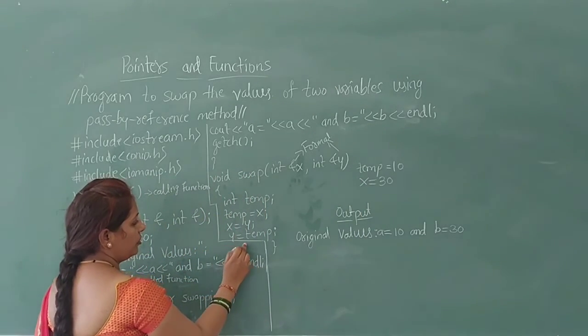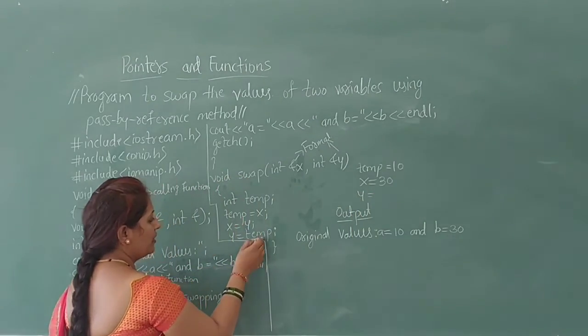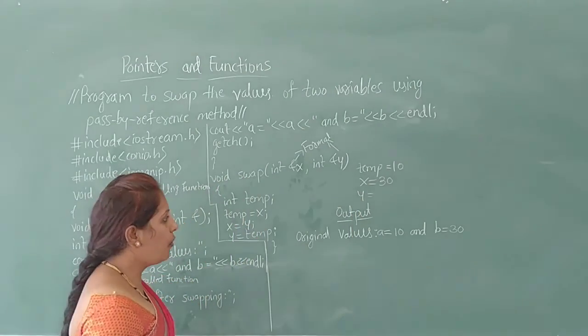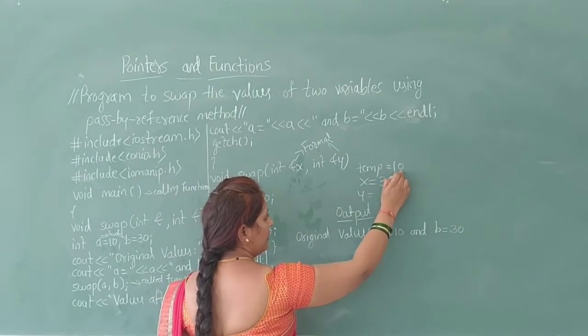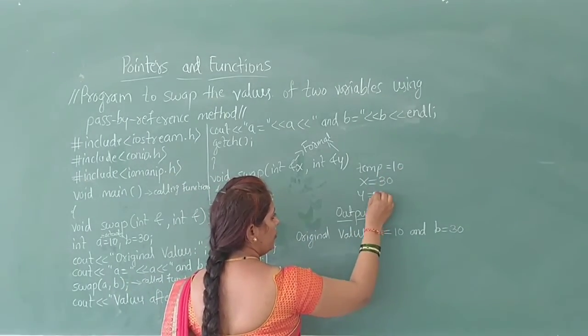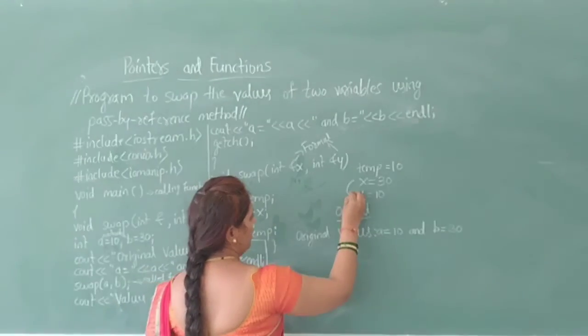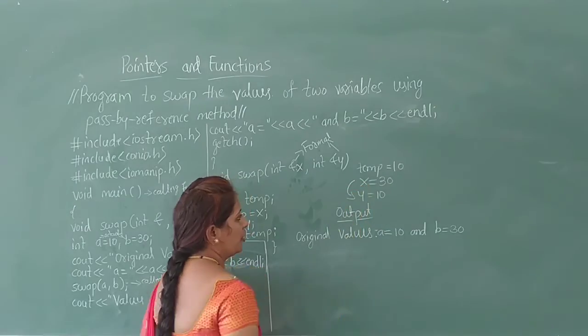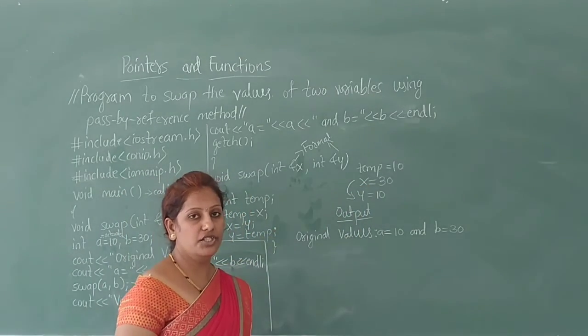Next, y is equal to temp means the temp value is assigned to the variable y. The temp value is 10. The 10 is assigned to the variable y. Here the x and y values are interchanged.